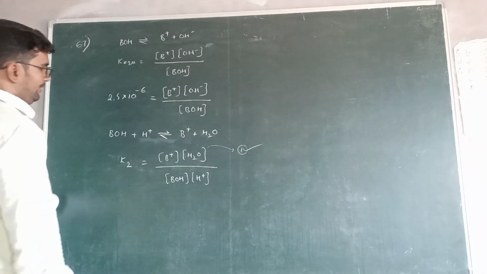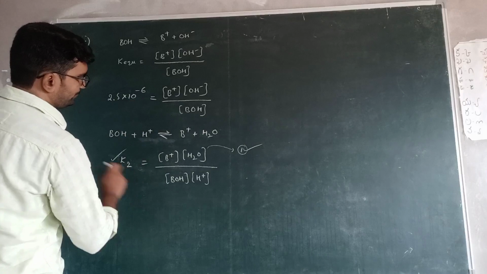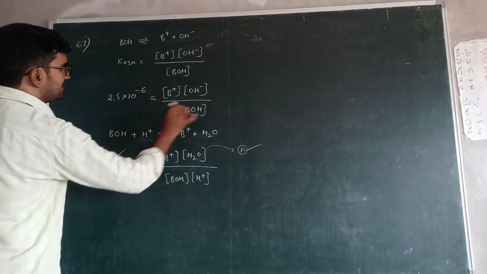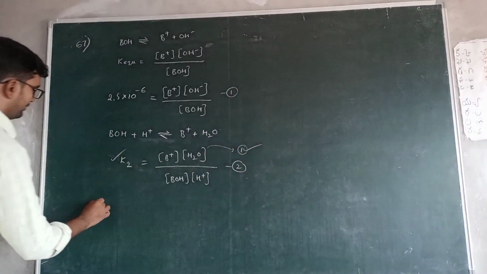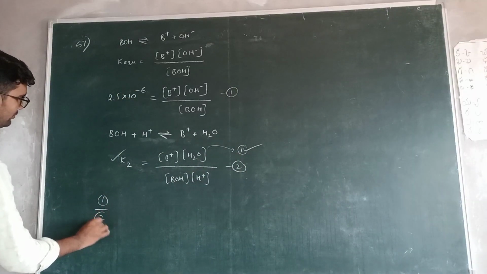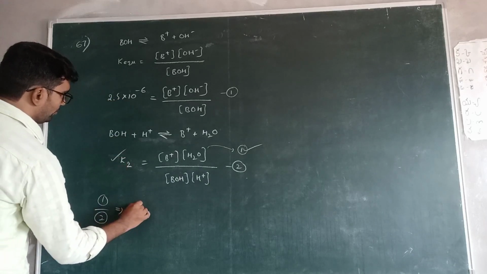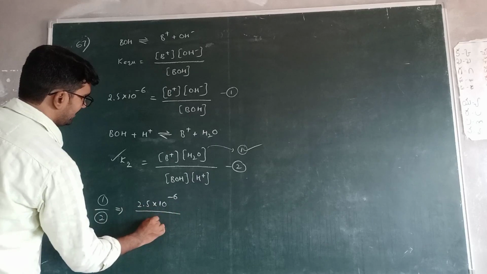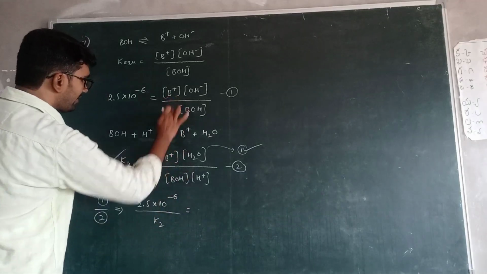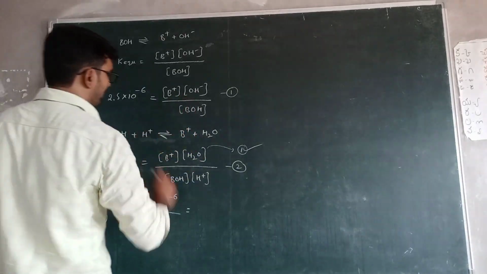Now what we have to calculate is the K2 value by using these two. This is equation 1 and this is equation 2. Just do equation 1 by equation 2. 2.5 into 10 to the power of minus 6 by K2 is equal to this one by this one. The second is reversed because it is also a fraction.